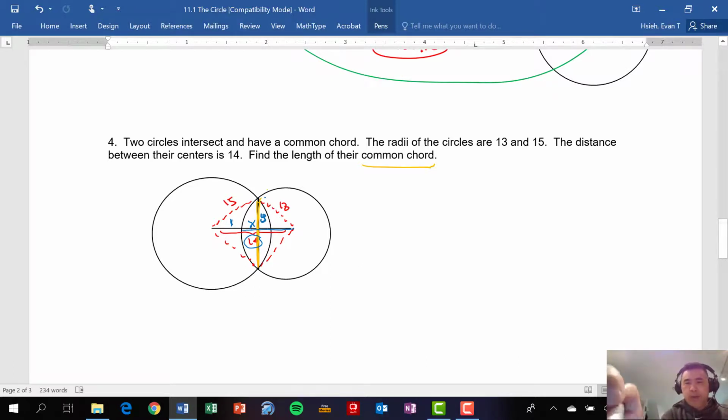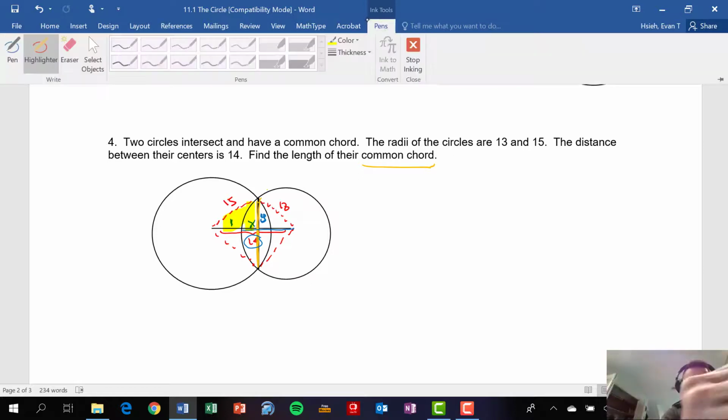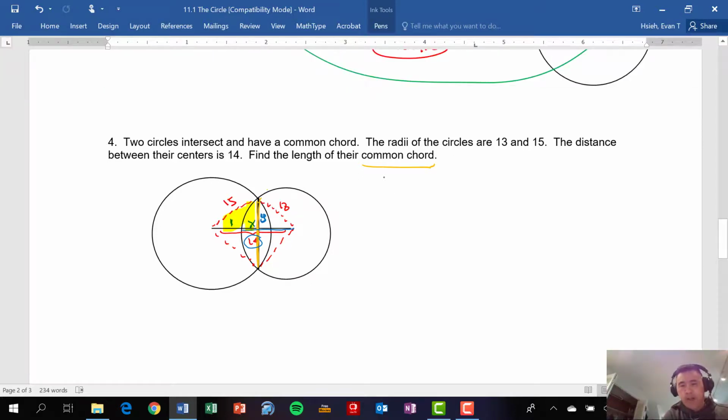And so from this right triangle right here, I can do a little equation. Y squared plus the whole length on the bottom here, x plus 1 squared, is equal to 15 squared. That's one equation using the Pythagorean theorem.